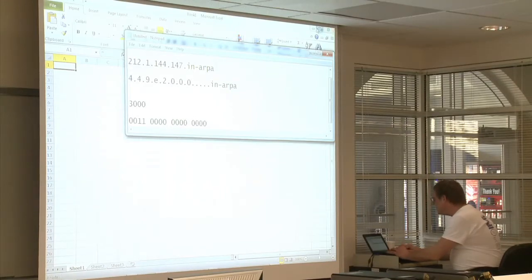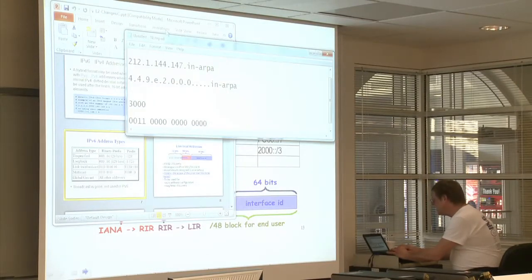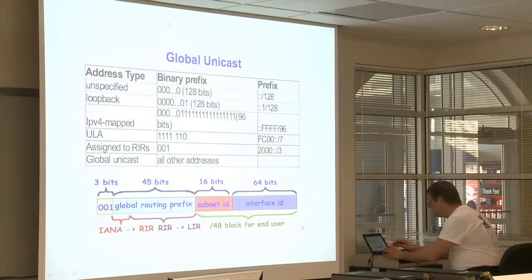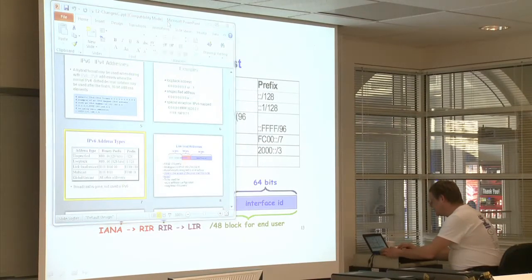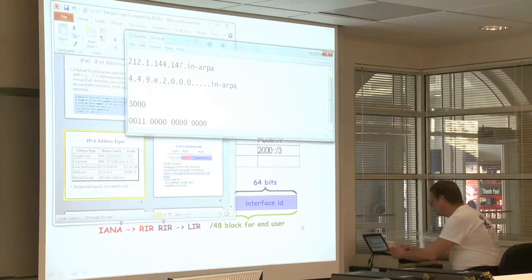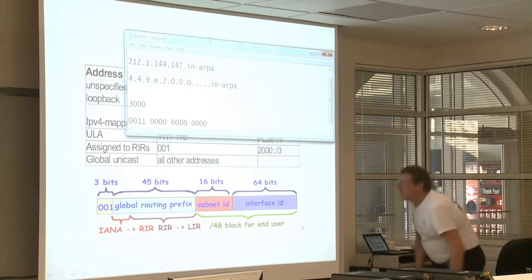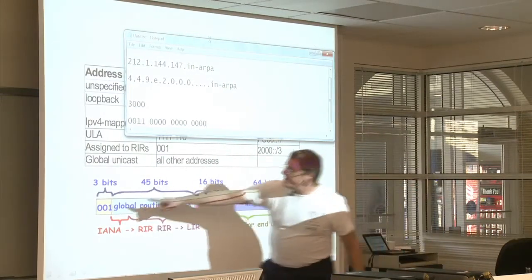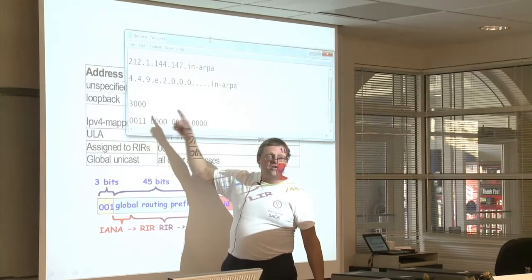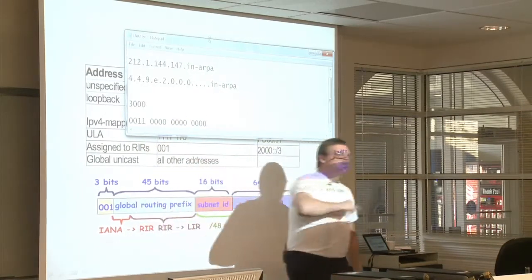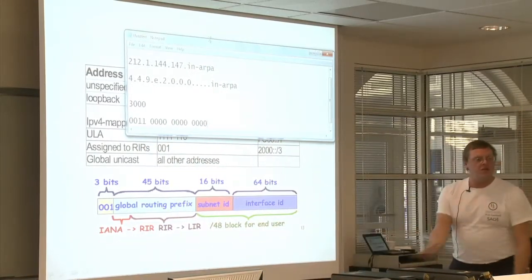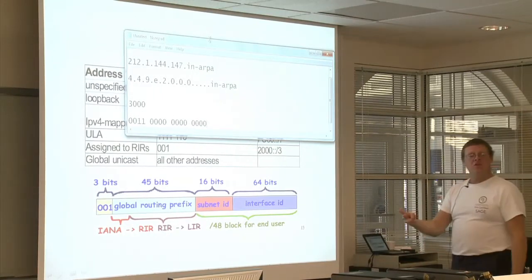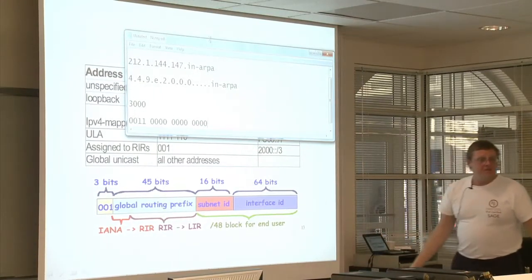Therefore, let's compare that to the pattern. All right. There. And you can see it fits the pattern, 001. So things starting with 2,000 and things starting with 3,000 are globally routable assigned addresses.